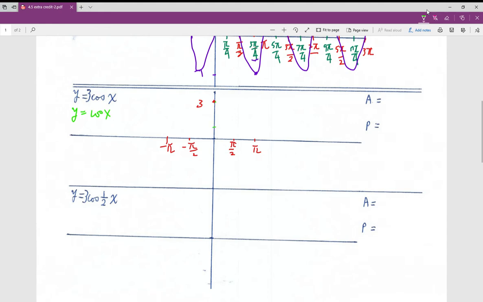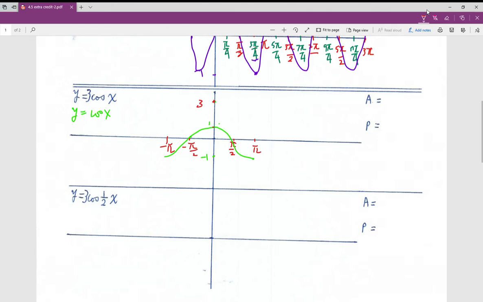Okay. So if this is 1, the cosine function, parent function, this is 1 and negative 1. So this is the cosine function. Now, if we multiply by 3, then the y value needs to be multiplied by 3.